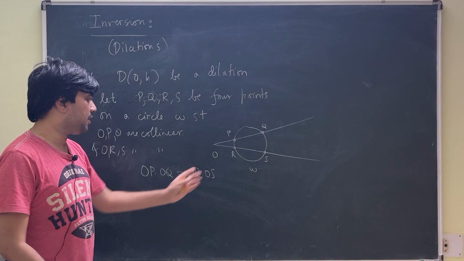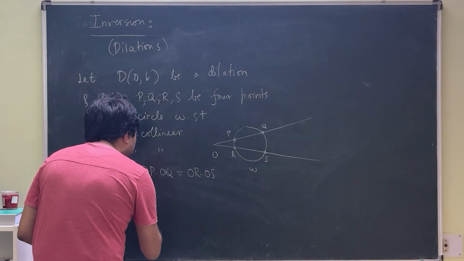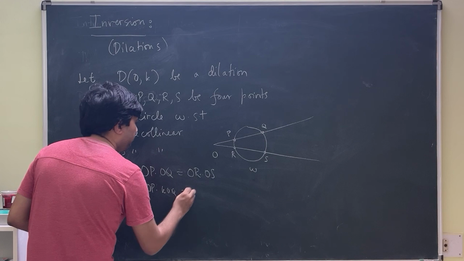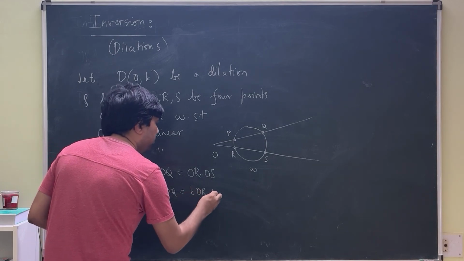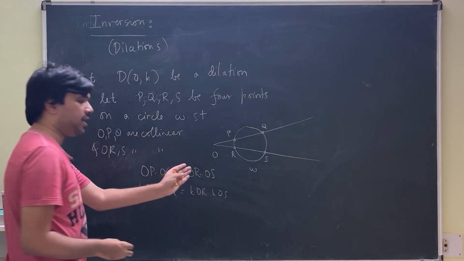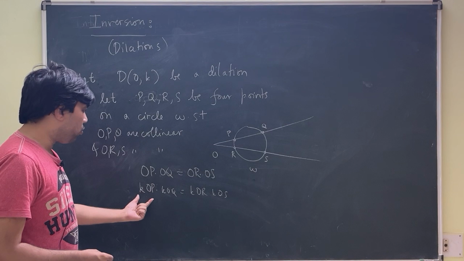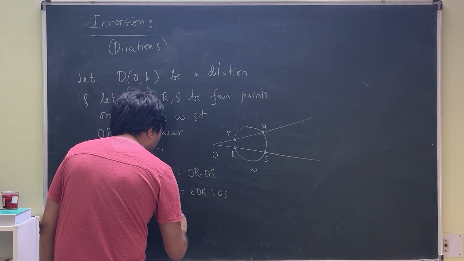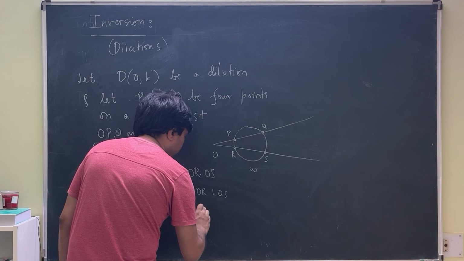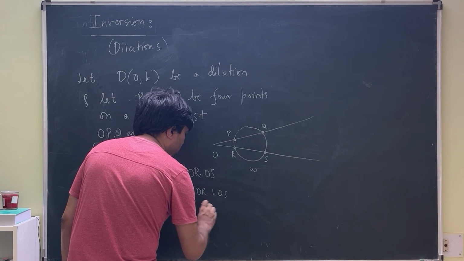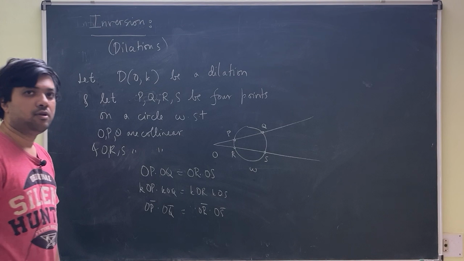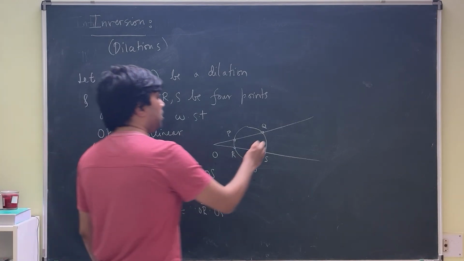So let's multiply this entire equation by K square. I can say KOP into KOQ equals KOR into KOS. But we know that KOP is OP bar and KOQ is OQ bar, KOR is OR bar and KOS is OS bar. So the points P bar, Q bar, R bar, S bar.